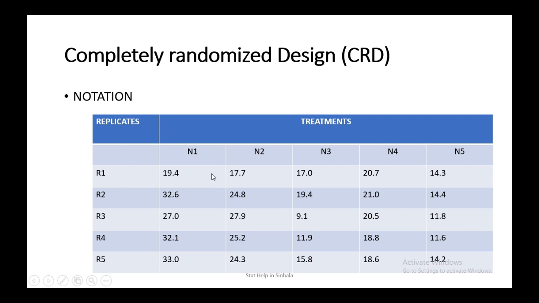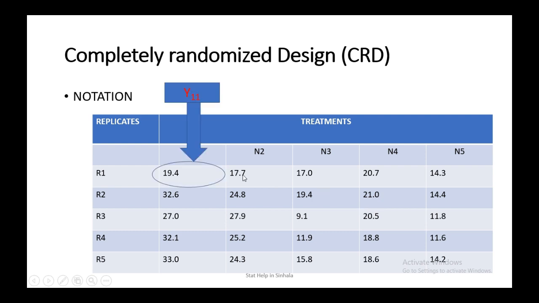Each fertilizer was allocated to 5 plots. That means each fertilizer has 5 replicates. So N1 has 5 replicates, N2 has 5 replicates, N3 has 5 replicates, N4 has 5 replicates, and N5 has 5 replicates.